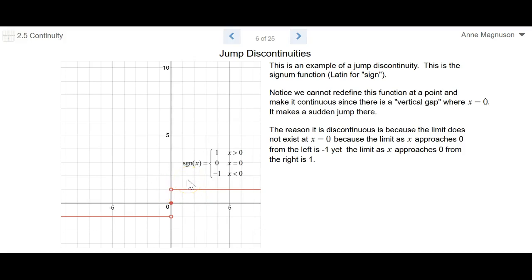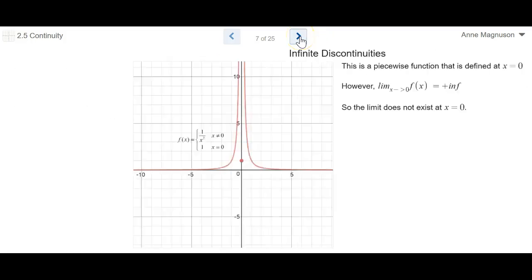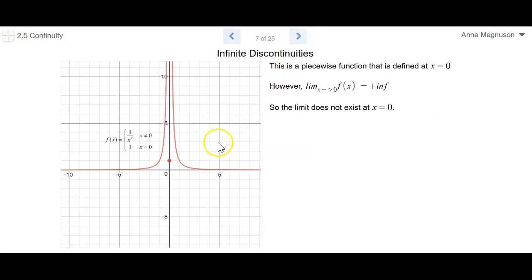So that limit doesn't exist, therefore it can't be continuous. And here's an example where I have an infinite discontinuity. I have a vertical asymptote, so clearly I can't redefine any value of x to make it continuous. The reason it's an infinite discontinuity is because it's an infinite limit.